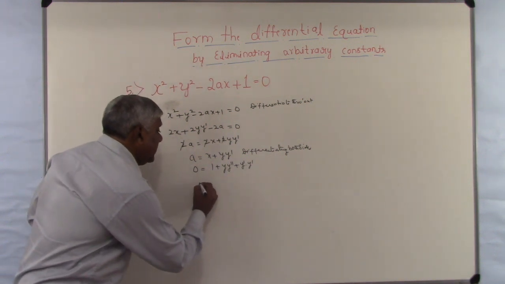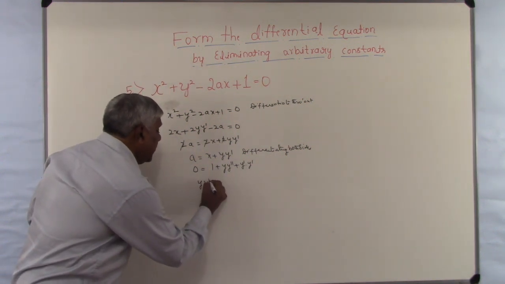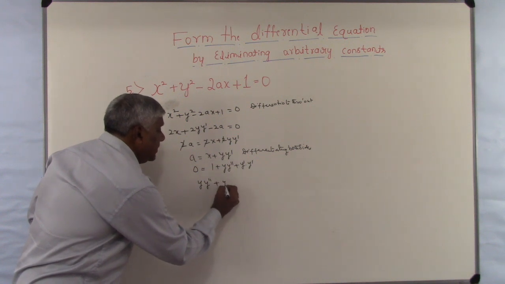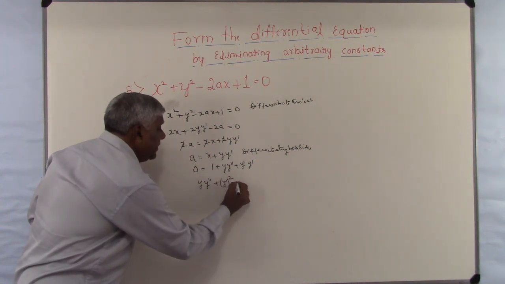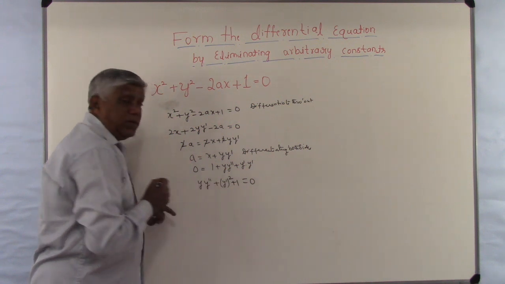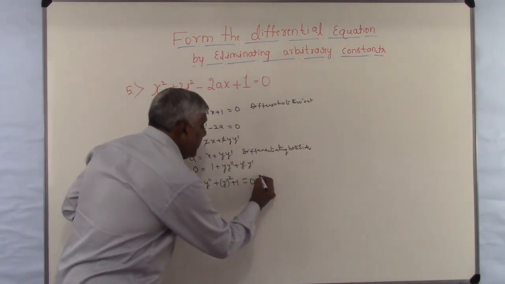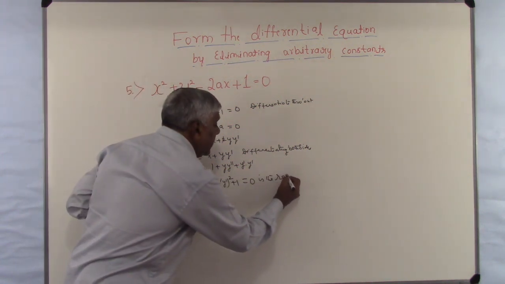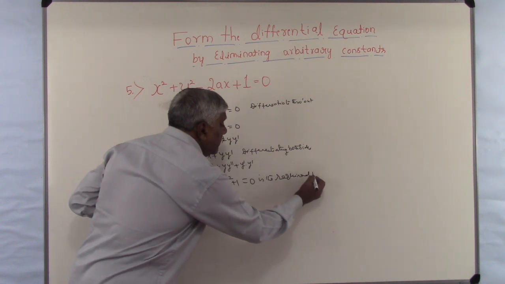Therefore, your differential equation becomes y double dash plus y dash whole square plus 1 is equal to 0. This is the required differential equation.